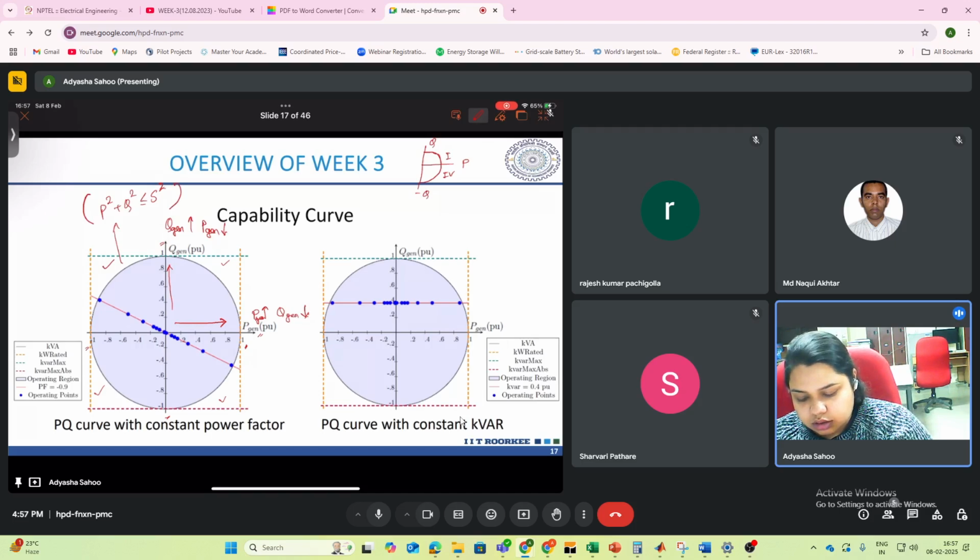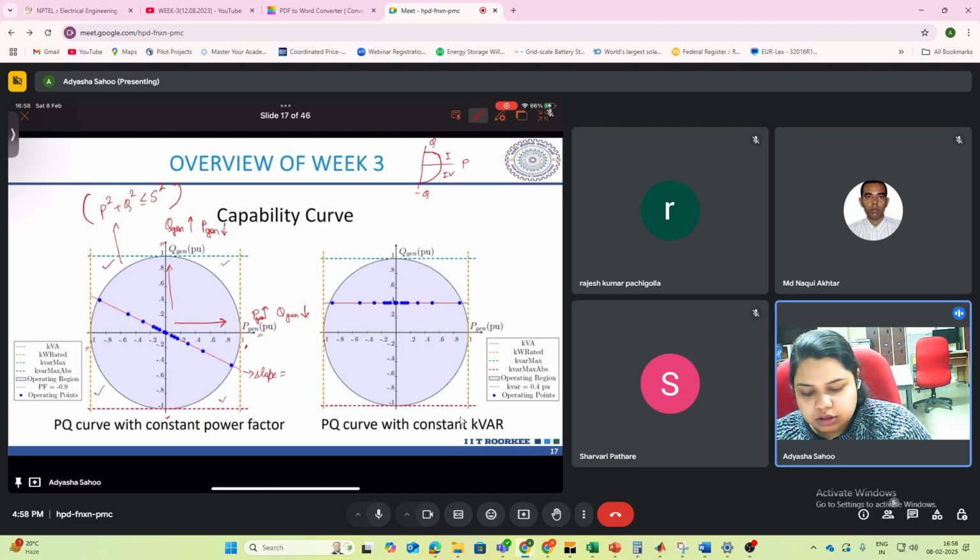So here you see there is a red line and some blue dots over the line. That means we are considering the operation of the battery along this red line only. So what is this red line implying? Here you can see the slope is basically fixed.